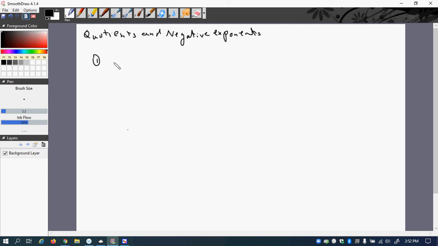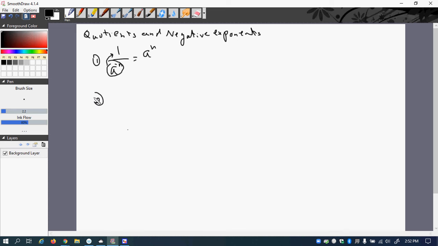The first rule is if you have 1 over a to the negative n, it's the same thing as a to the n. So basically that negative is forcing you to take it and move it to the numerator.